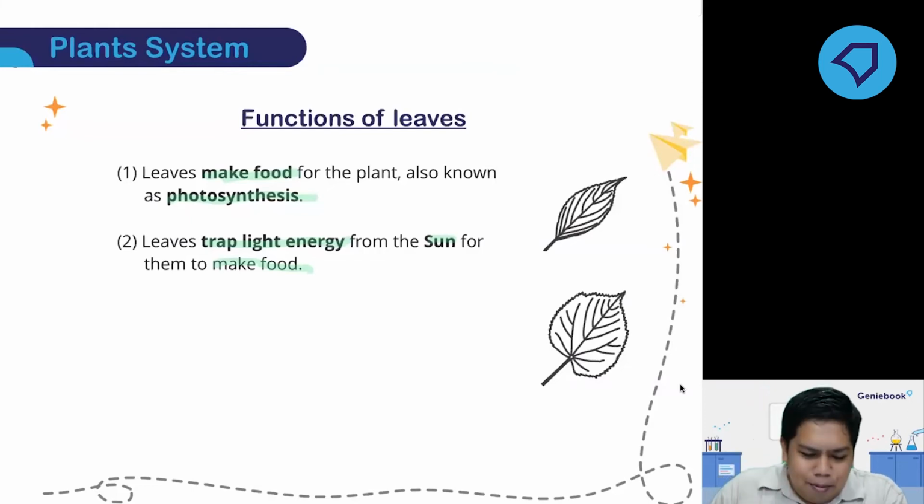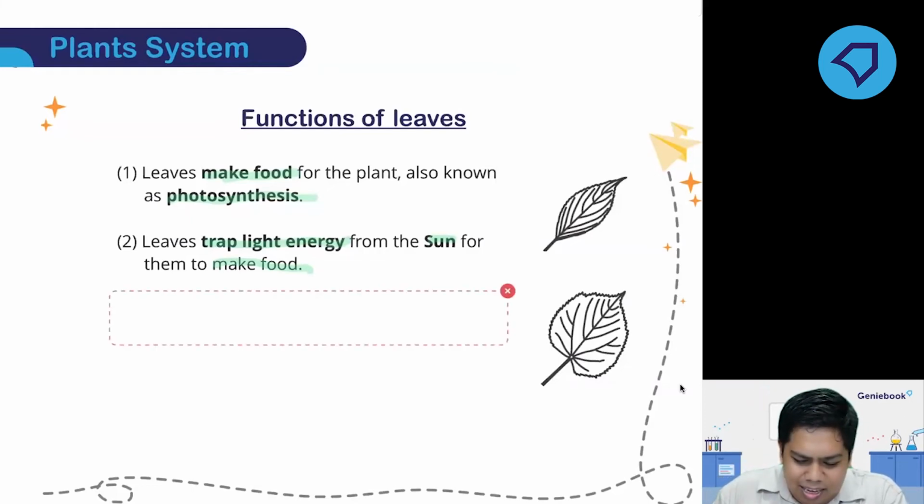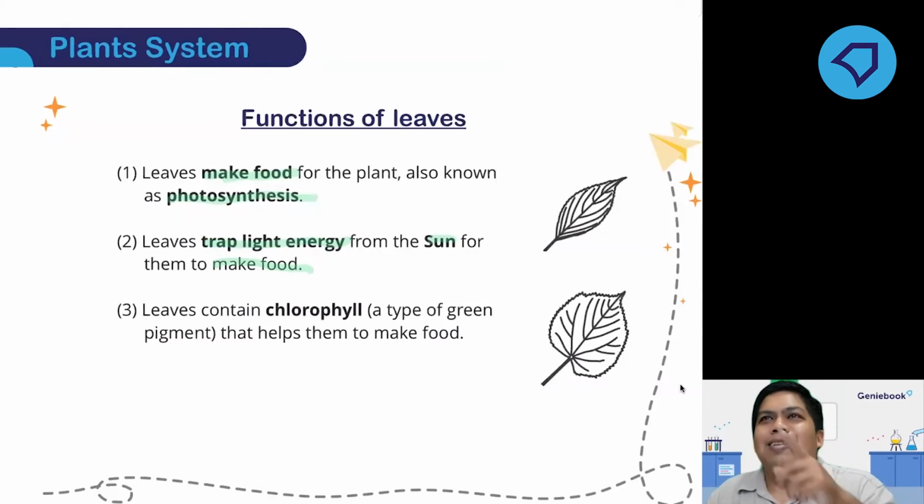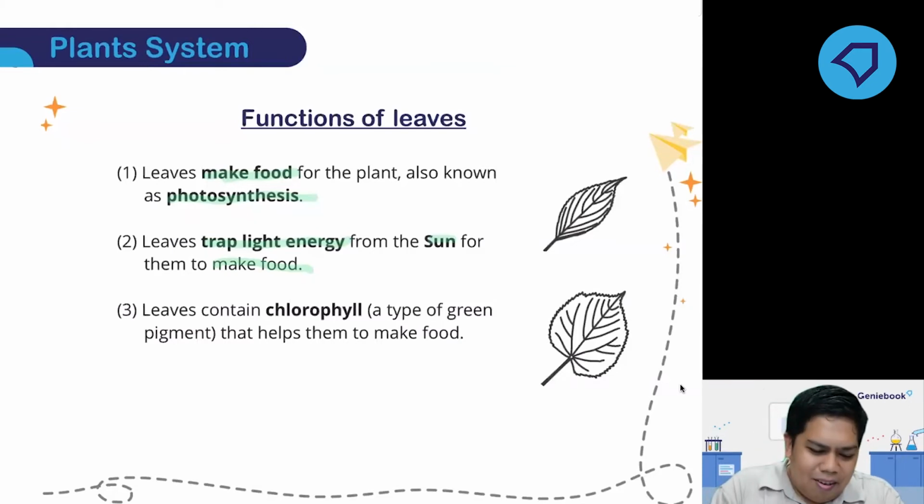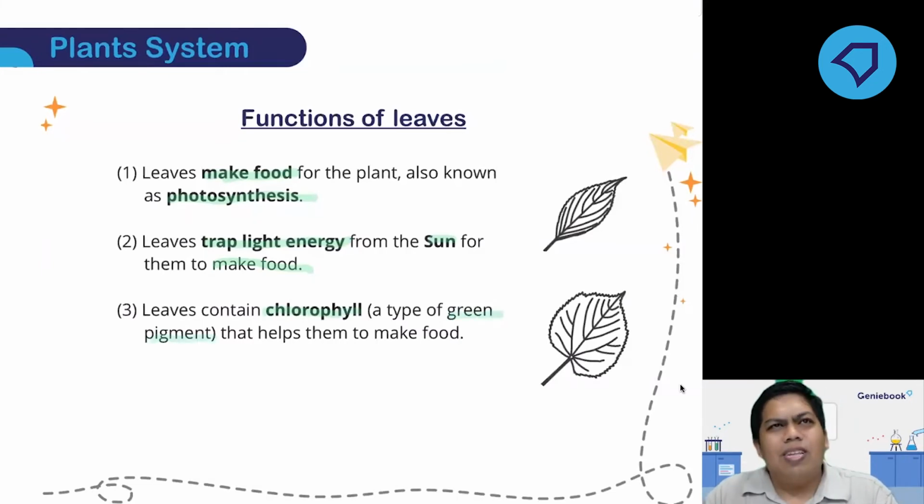So I will mention that substance next. Some of you have been asking, where's the chlorophyll, Mr. Lukman? Okay. So the leaves contain chlorophyll, which is basically a green pigment. It's a green substance in the leaves that helps them to make food.